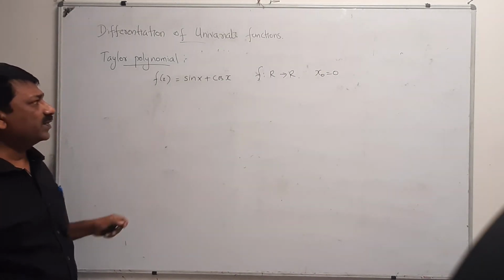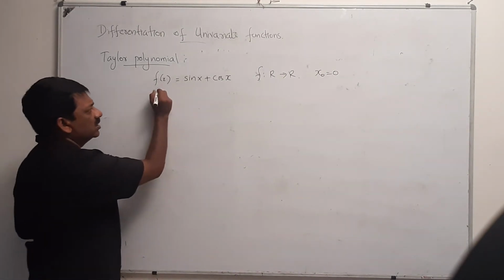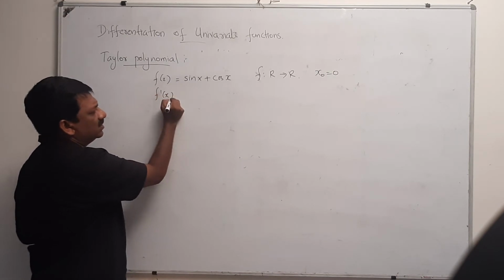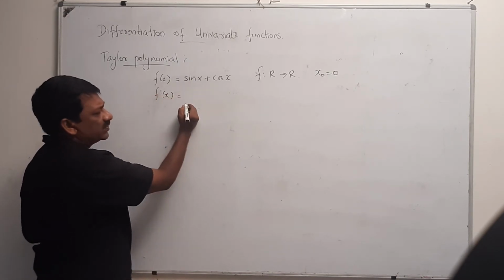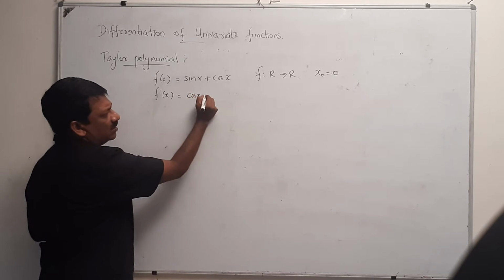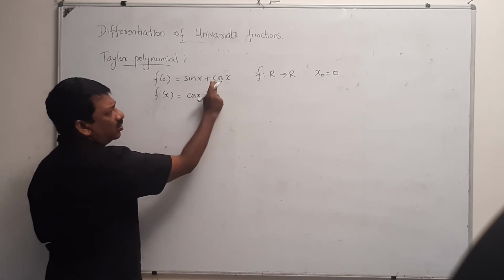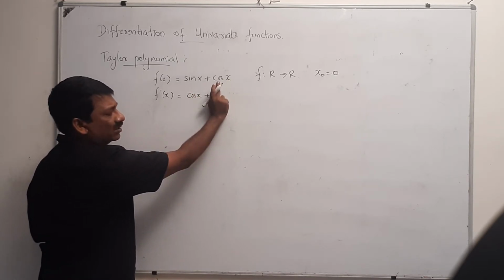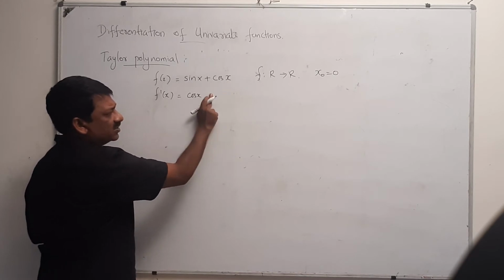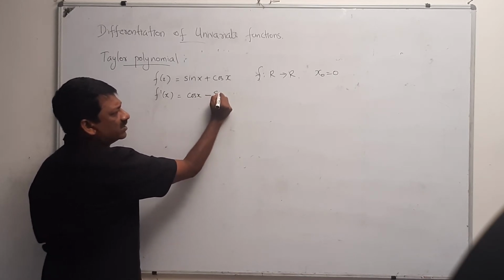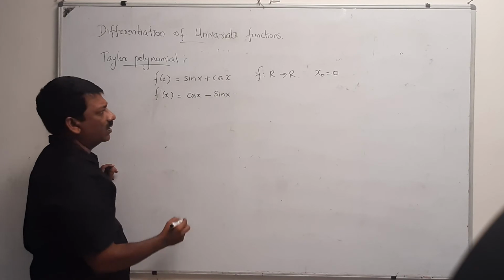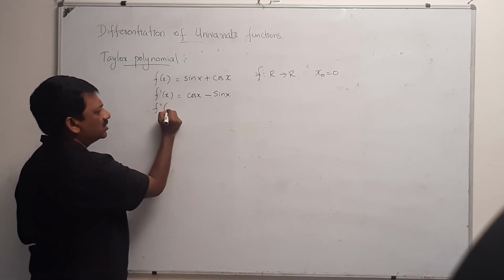Now f of x is equal to sin x plus cos x. What is f dash x? The derivative of sin x is cos x, and the derivative of cos x is minus sin x, so this will become cos x minus sin x. What is f2 dash x?